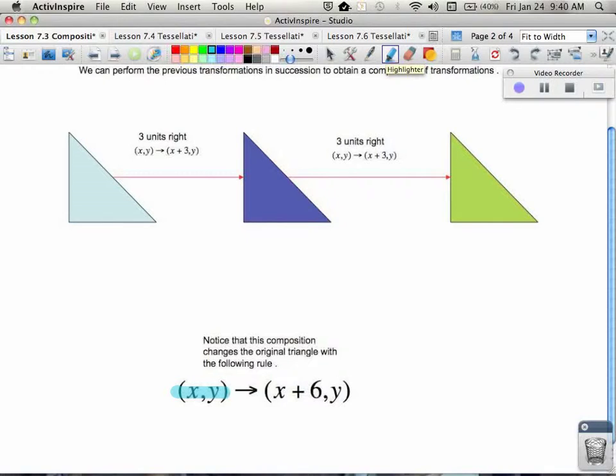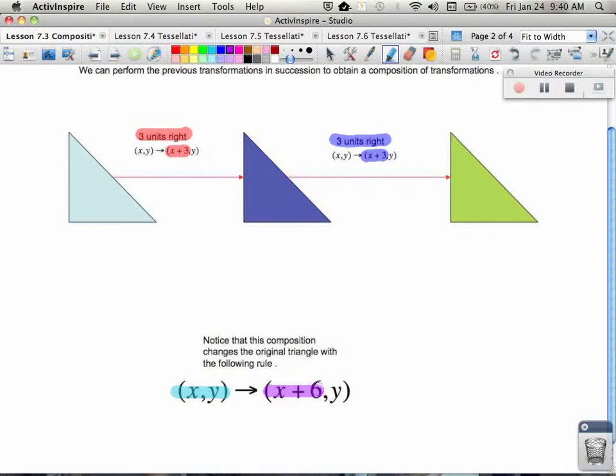It has the going 3 to the right originally, and then it also has going 3 to the right again. So that means you had x plus 3 both transformations. But then when you put them together, instead of writing them separately, you can just go x plus 6 because you move to the right 3 and 3 more for a grand total of 6.